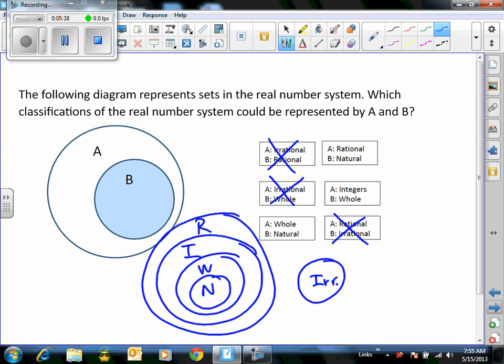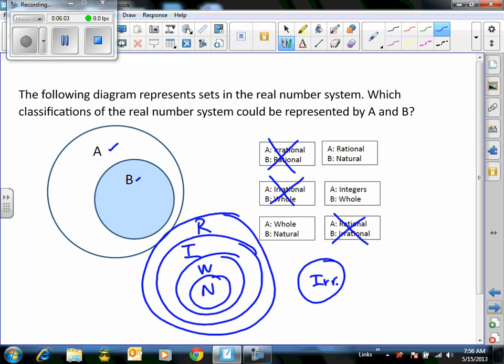So I can use this setup to help me decide which ones of these are correct. A contains B. Looking at this, everything that B is, A contains. So if A is a bigger circle than B, we would look at our graph here, and we would look for the bigger circle that contains the smaller circle.